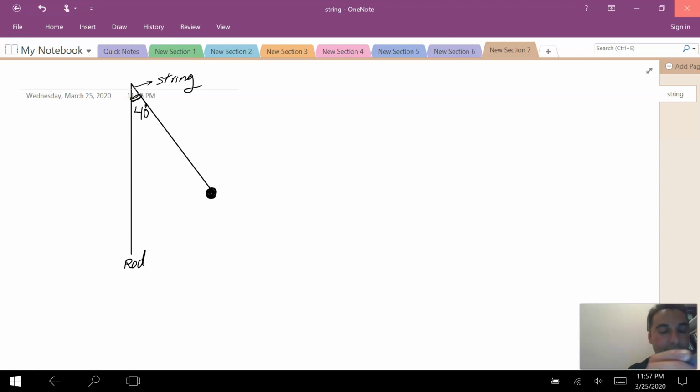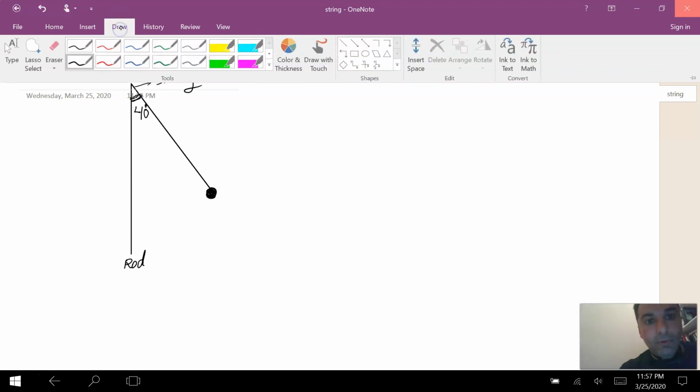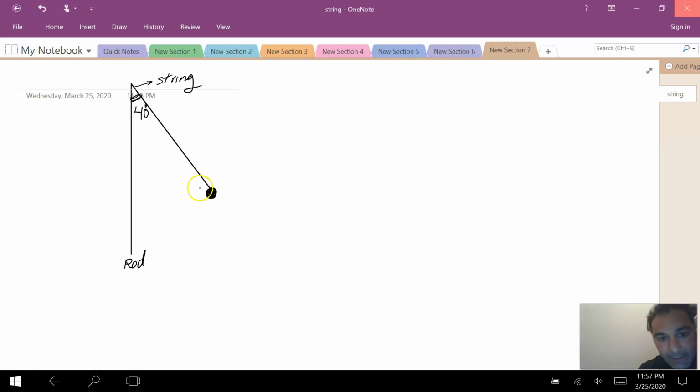And guys, pay attention, please. This is very important. And it makes circular motion. There you go.